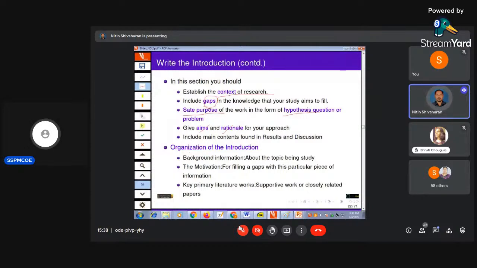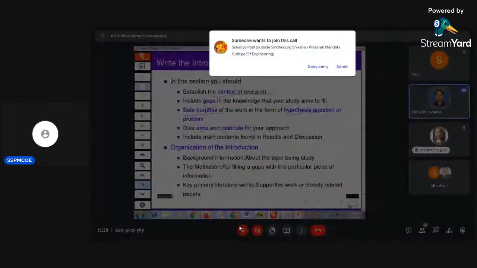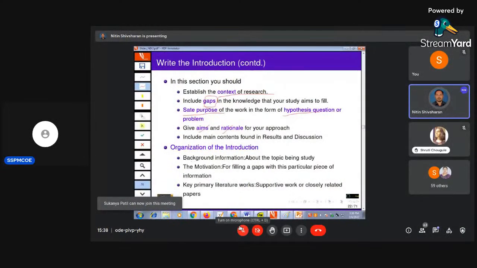Then, how to organize the collected information in your research paper? For example, here I am starting to write the introduction section.